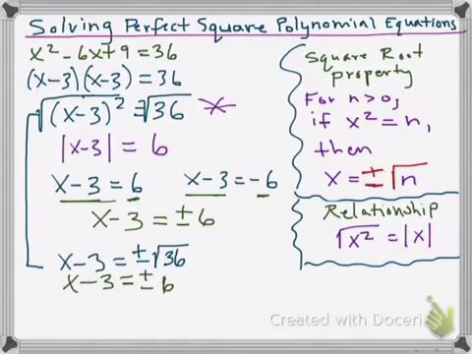So we filled in our gaps all the way up to there. Using the square root property and the shortcut, we would get to the same place that we did following through using the absolute value relationship. But we aren't quite finished, so let's go ahead and finish the problem.